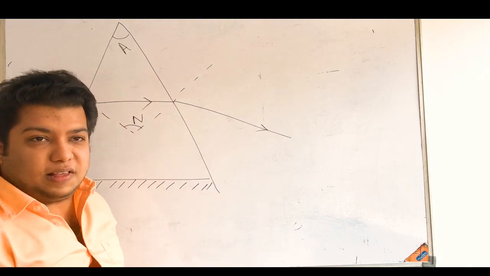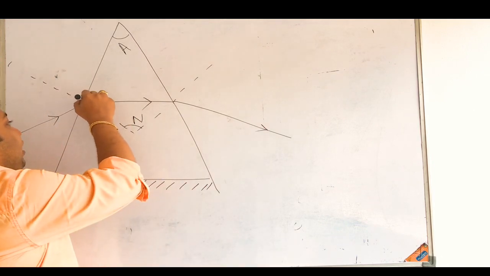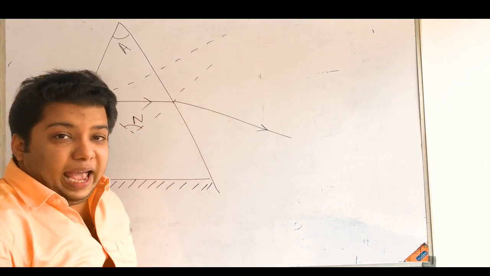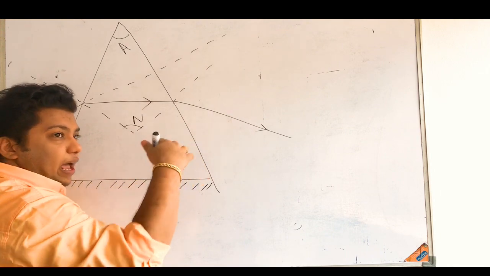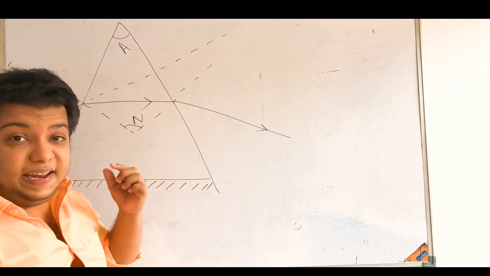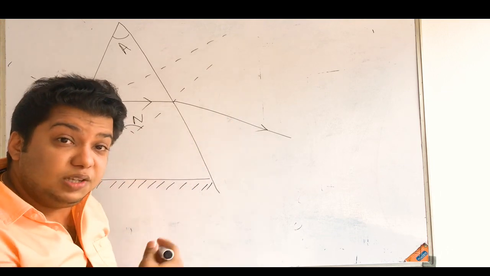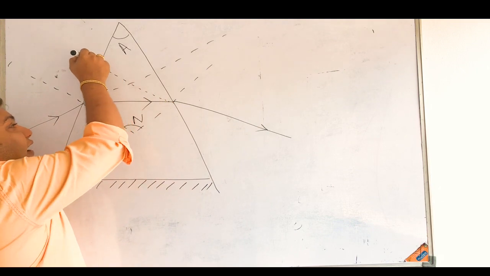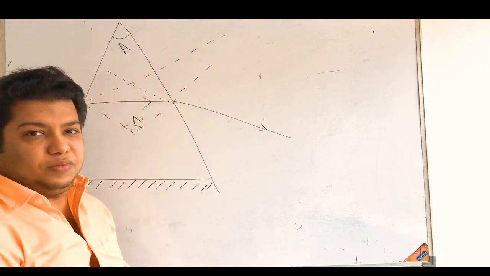If there is no prism, it's an assumption, the incident ray will travel like this. And if there is no prism, the emergent ray, this ray is called the emergent ray and this one is called the incident ray, would appear to be coming from a point like here.